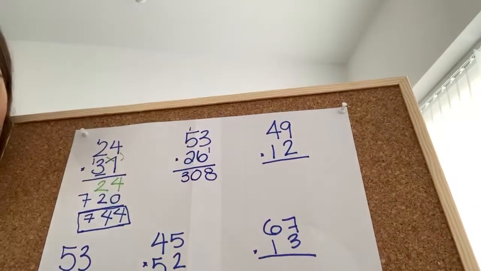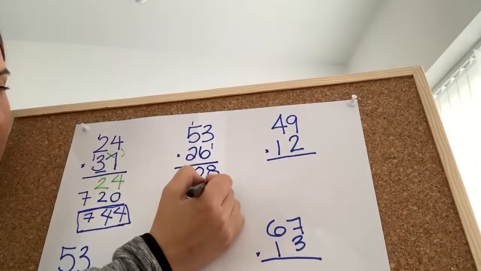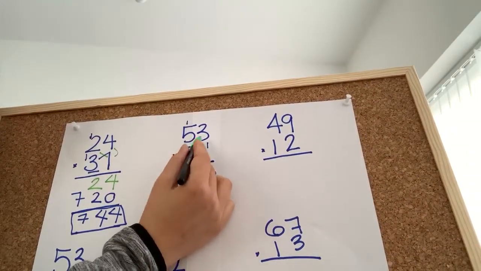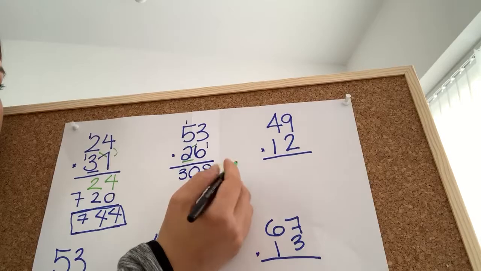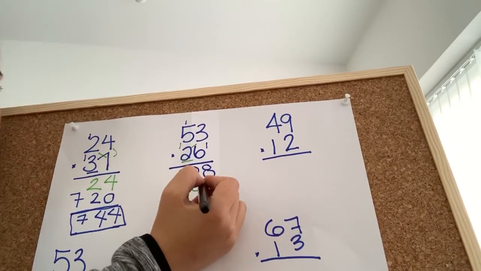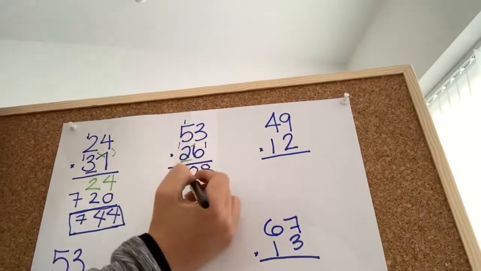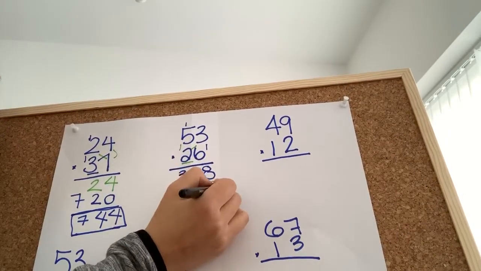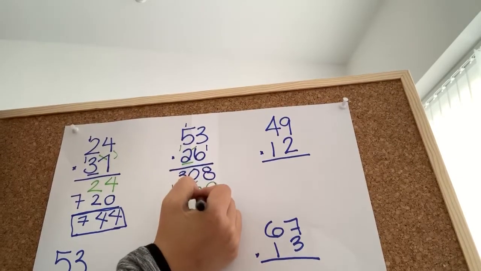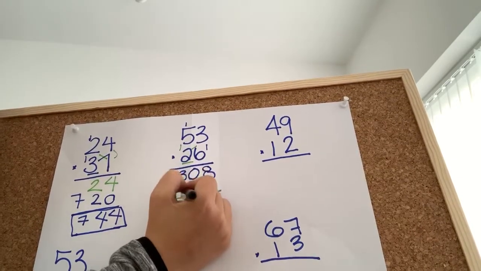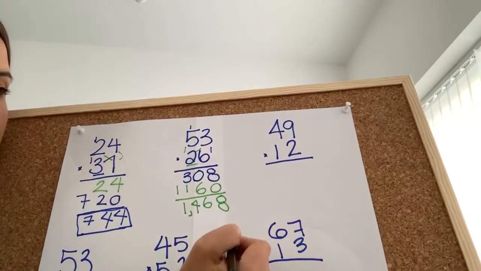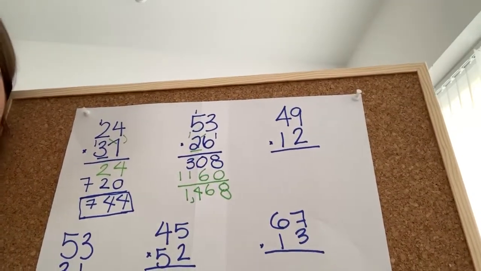Okay, and then we add our 0, because then we're starting from here. 2 times 3 is 6. 2 times 5 is 10, plus the 1 is 11. So we're going to do 8, 0 plus 6 is 6. 1 plus 3 is 4. And then the 1. Big number, 1,468.